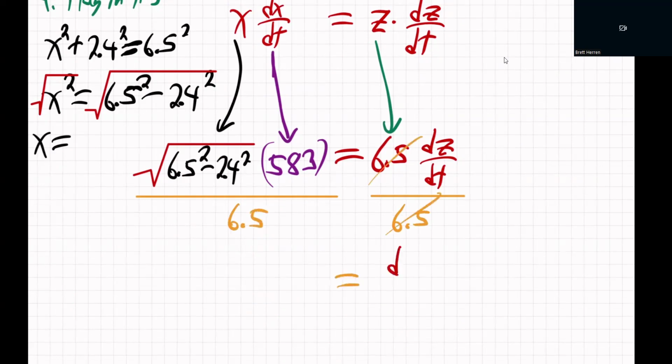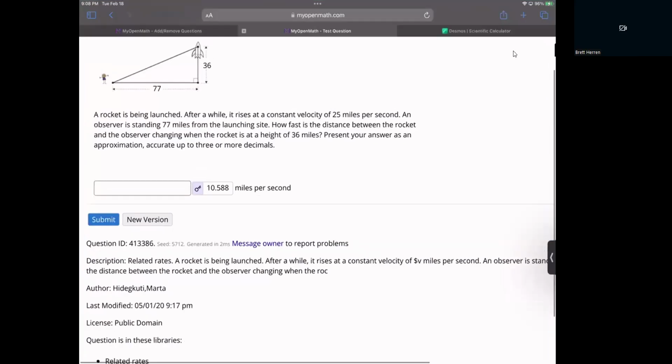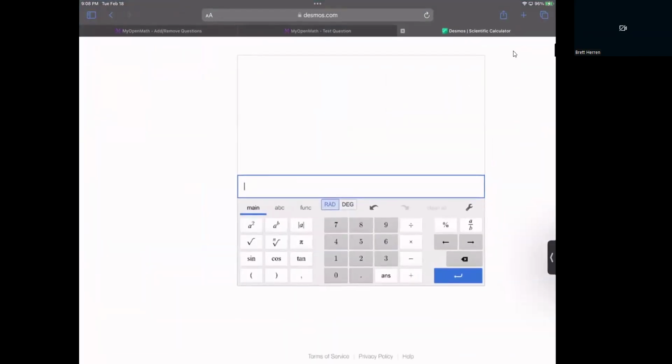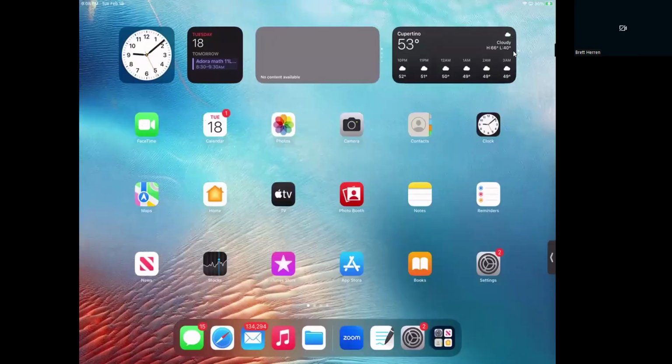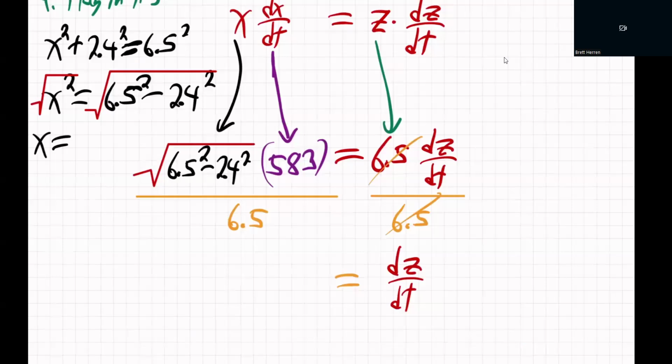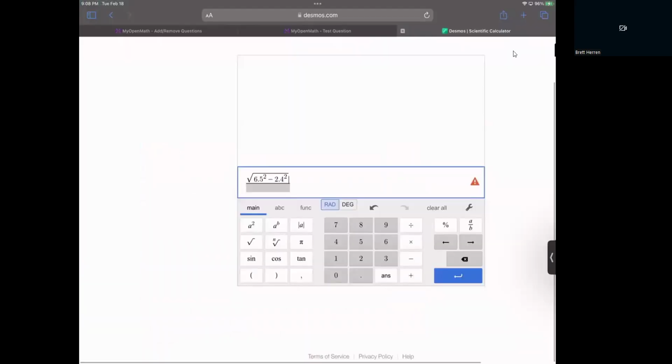And we'll get dz/dt equals the square root of 6.5 squared minus 2.4 squared, times 583, over 6.5.